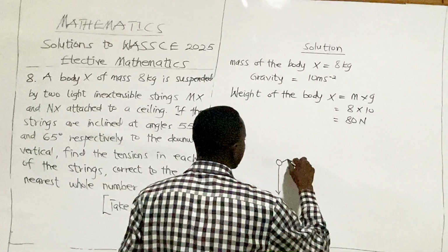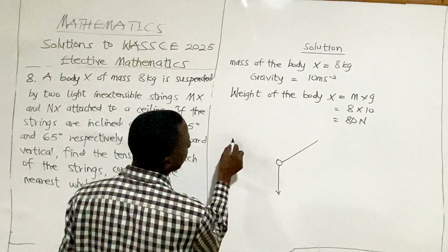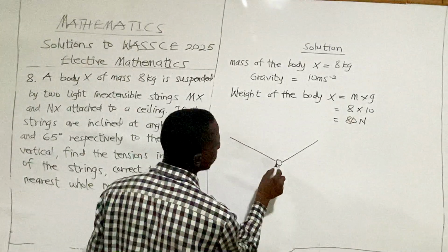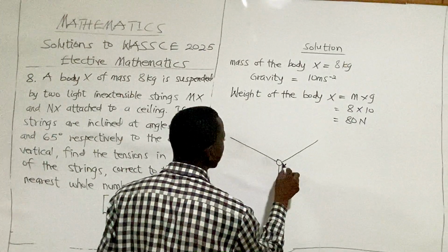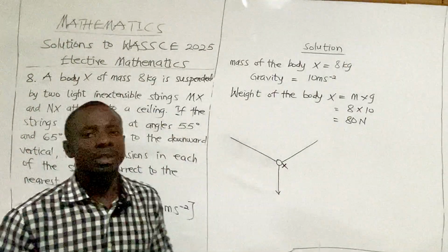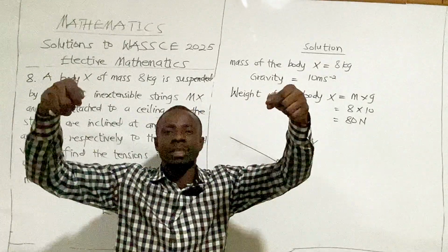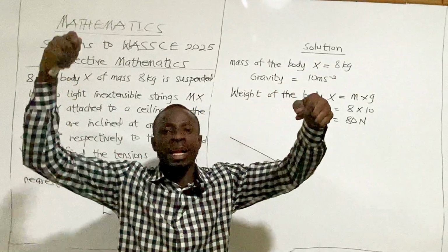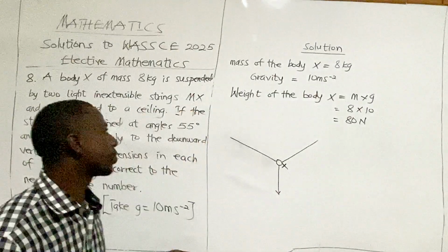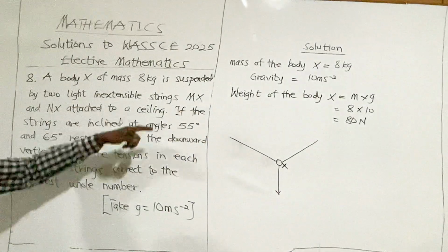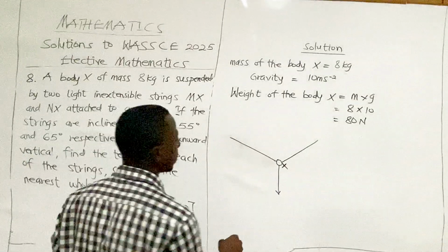There is one string here, another string here, and the body is X. It has been held like this and clipped to a fixed point. That is why he said attached to a ceiling.